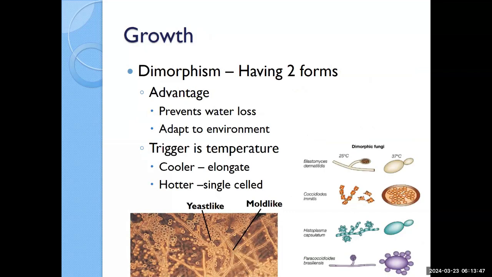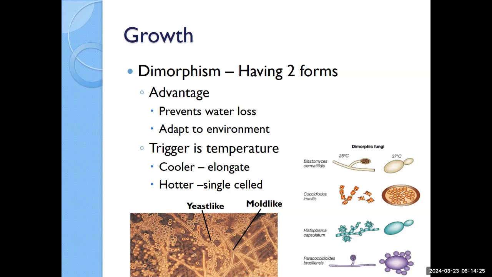Not all fungi, but many exhibit a special type of growth known as dimorphism. Di meaning two, morph, forms. Dimorphic fungi have an advantage of being able to respond to their environment around them. When the environment is cool, say at 25 degrees Celsius or 70 degrees Fahrenheit, they can be elongated, long filamentous or mold-like structures, which allows them to reach out and explore the environment around them, looking for water or nutrients.